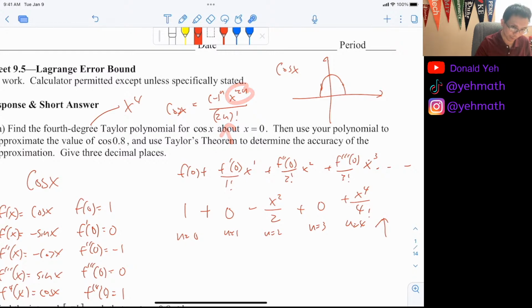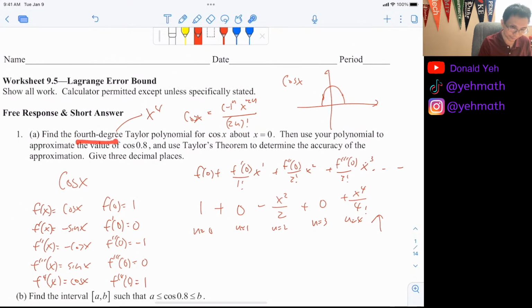But remember, this is fourth degree Taylor. So you go to n equal to 4 on the Taylor series. Do you guys understand the difference? One is a Taylor series, and this one is a power series. Taylor series and power series are different.